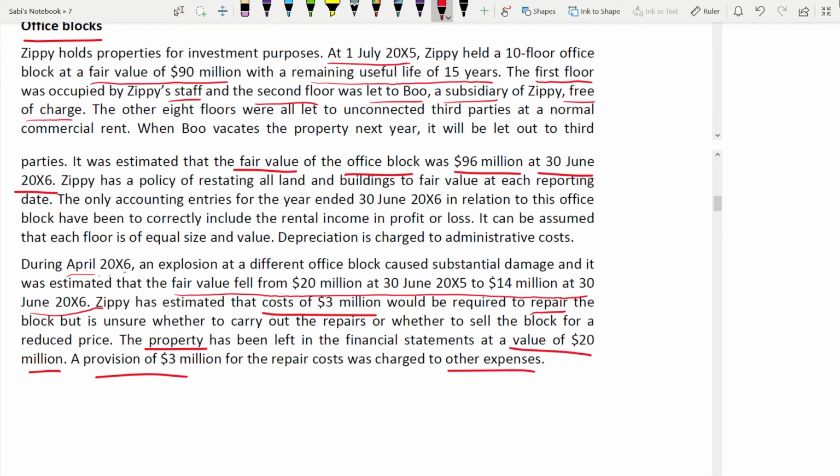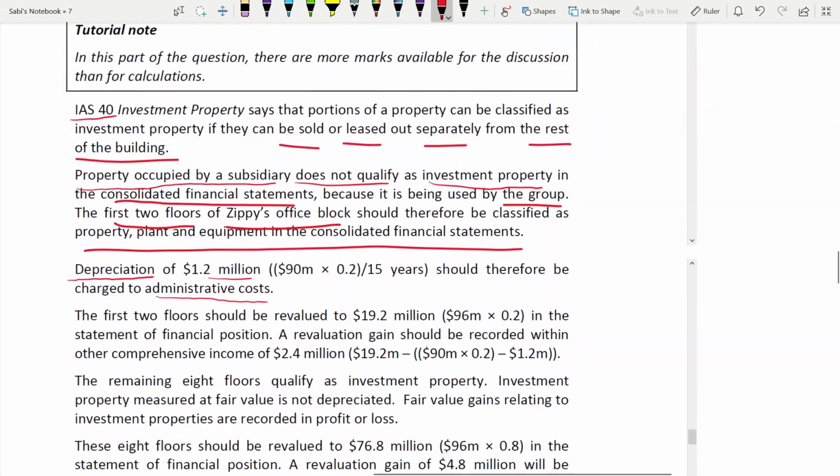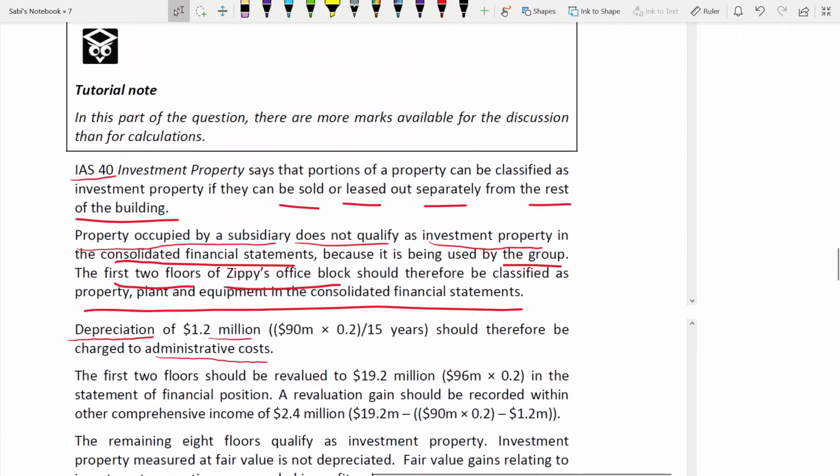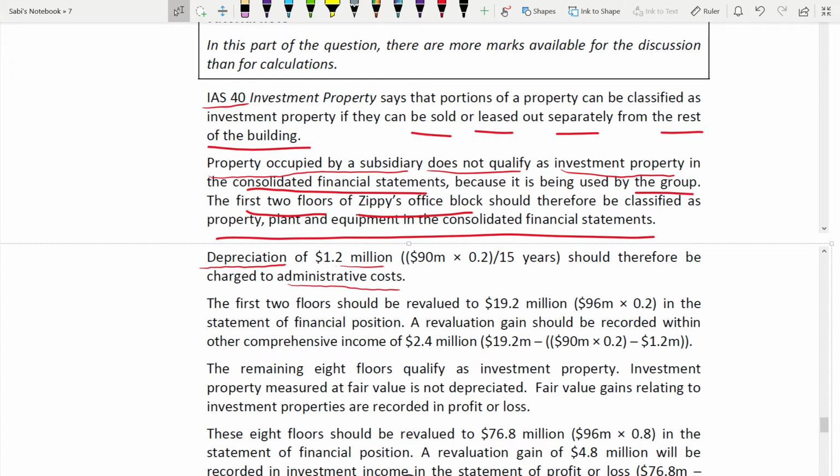Admin cost only. So it should be charged to admin cost. And how much? We have been told the useful life is 15 years. But 19 times 0.2. How 19 times 0.2?